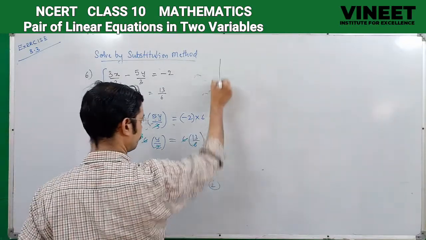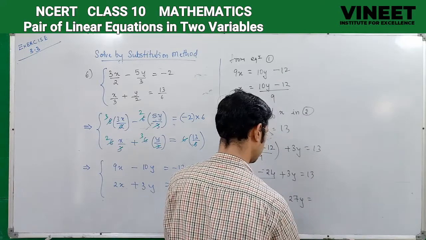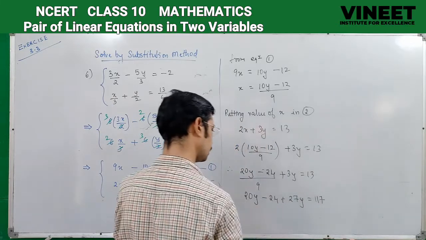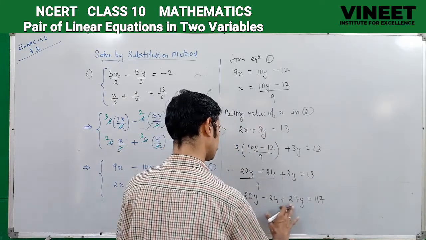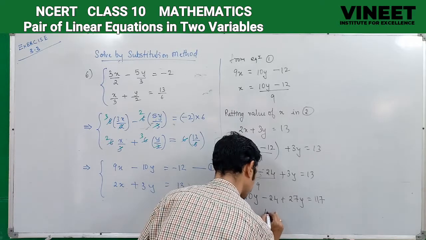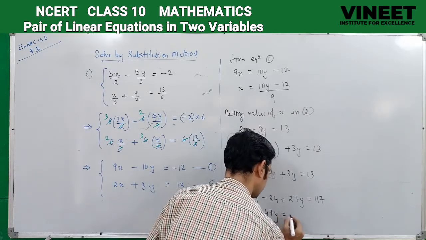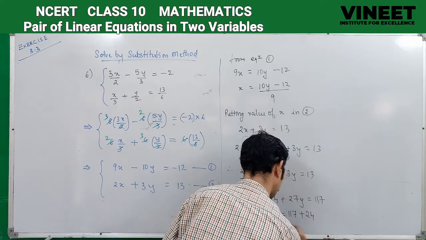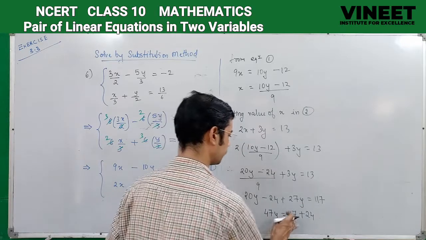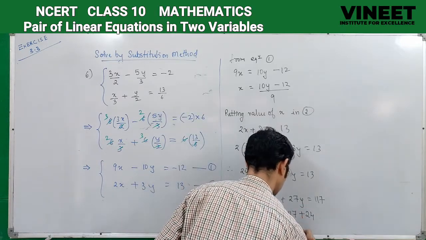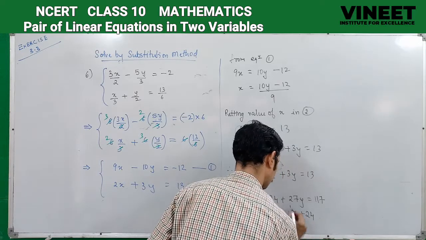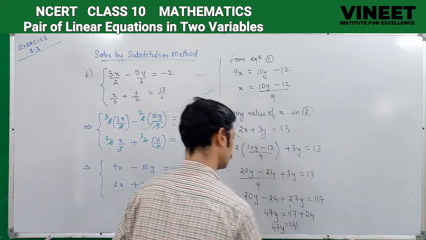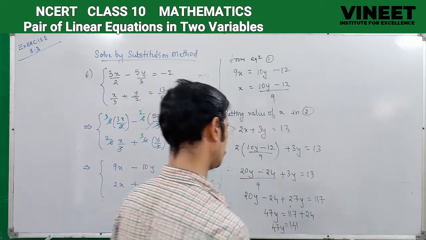Now 9 into 13 is 117. Now see, 20y plus 27y is 47y, and that is equal to 117 plus 24, that is equal to 141. So 47y is equal to 141.